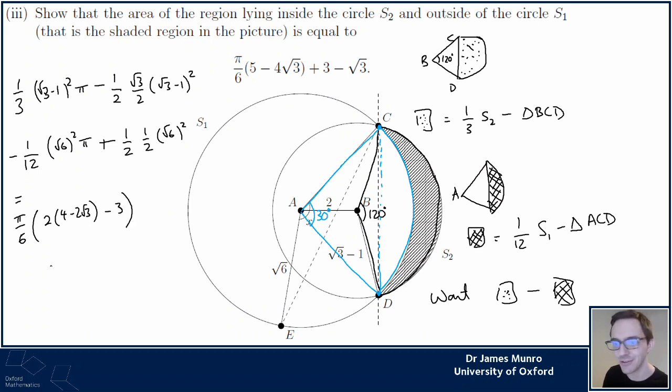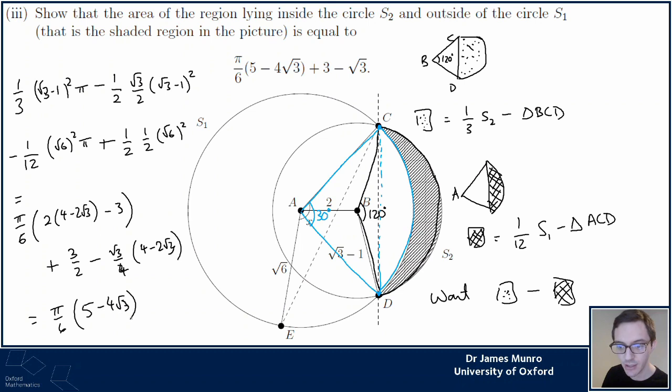And I've also got, what have I got? 6/4 is 3/2. Subtract, what is this? √3/4 over 4. What is this? √3 minus 1 squared again is still 4 minus 2√3. Okay, so looking almost there. Let's simplify the brackets a little bit. This first one is pi over 6 times 8 minus 3, which is 5 minus 4√3, looking good.